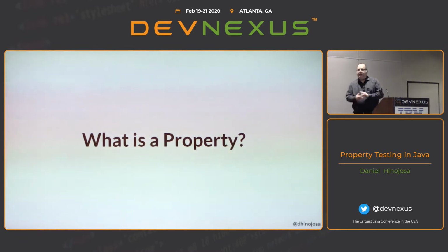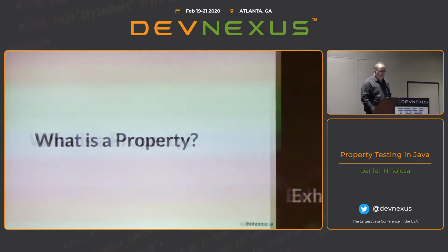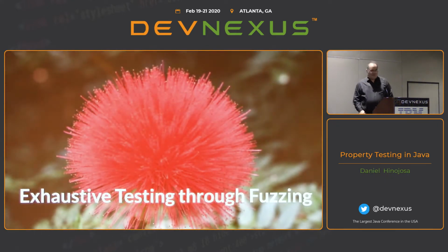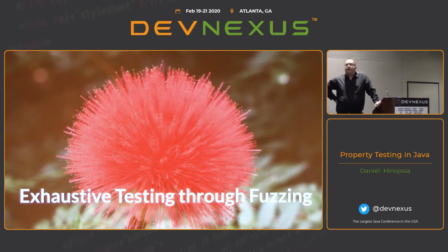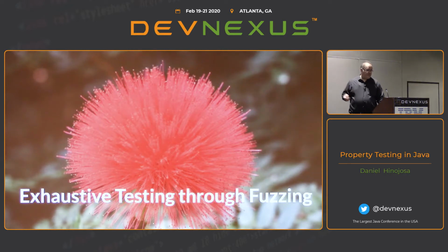So overview, let's talk about what a property is. A property is going to be exhaustive testing through fuzzing. The idea of fuzzing is that we're going to unleash chaos in our production code. We're going to unleash a whole set of inputs, some that we're not really thinking about whenever we do the testing.